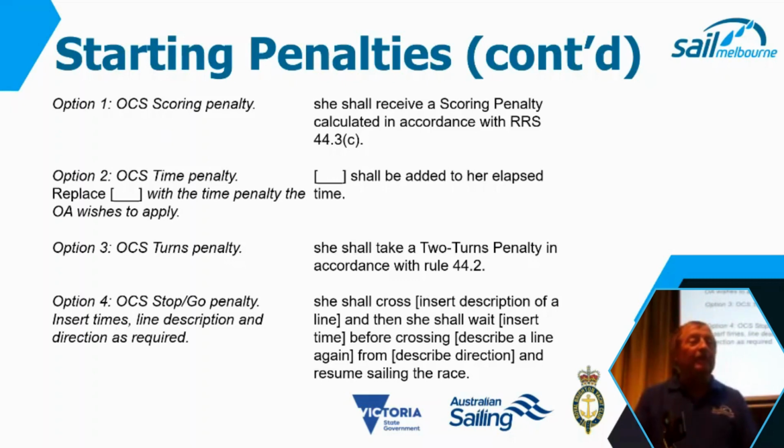So we're stopping her from proceeding to race any further until that particular time is up. These are the options we've got available to us for mass starts in basically keelboat, big fleet racing, to make sailing still a big spectacle, but to make it safe.